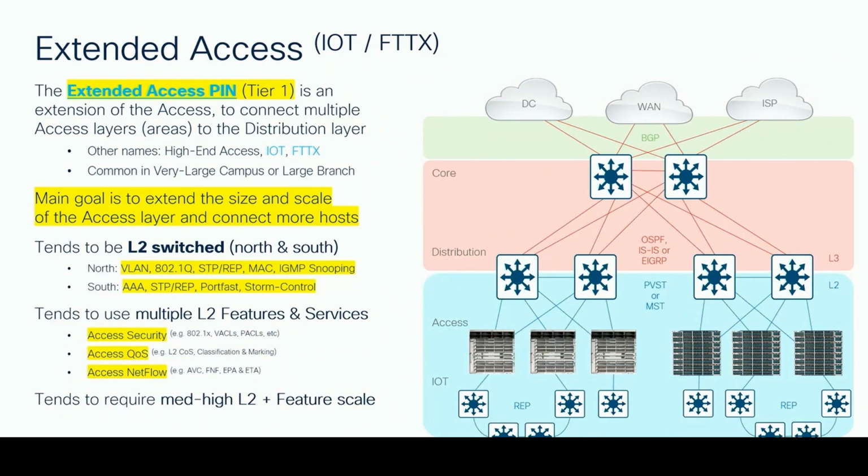So this seems to be common in manufacturing, IoT. Anybody doing manufacturing, industrial? Okay. This is very, very common. So you'll see words like IoT, FTTX, which is fiber to the something, fiber to the desk, fiber to the edge. The whole point is I'm just making my access bigger, okay? But it has the same characteristics as a regular access.